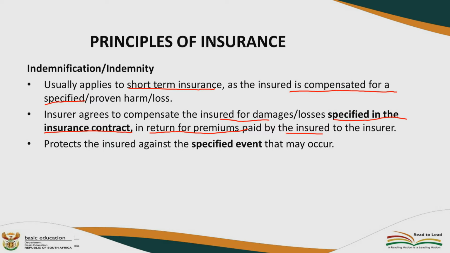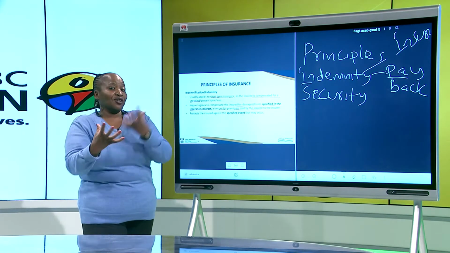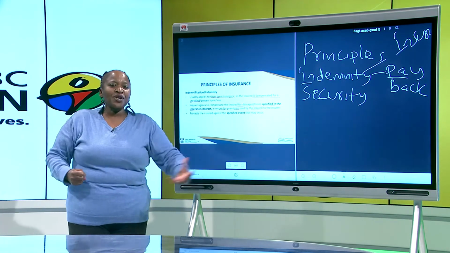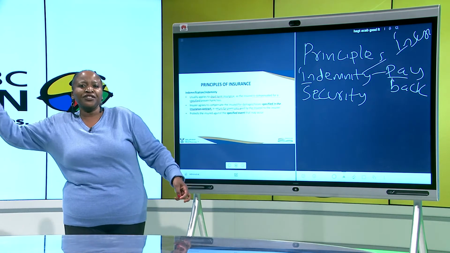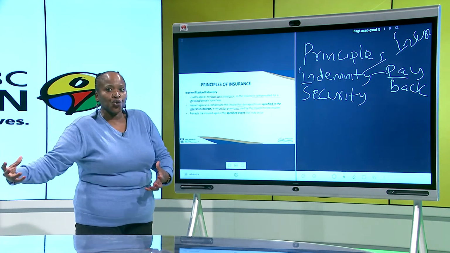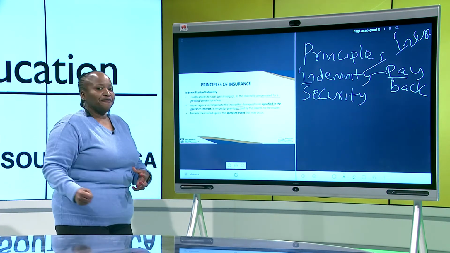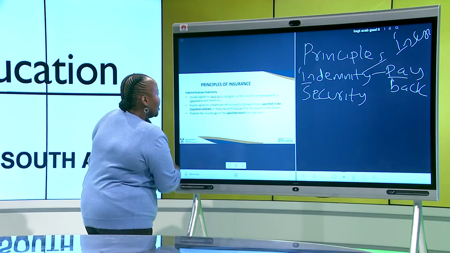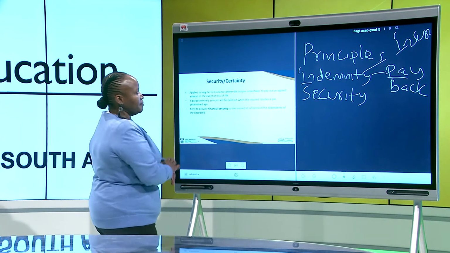If you understood the definition of insurance, it's easy for you to understand the principle of indemnity, because it's based on the contract between the insurer and the insured, where the insurer will indemnify the insured and the insured will pay the premium, but on the happening of a specified event. It's taking us back to the definition of insurance. And also it protects the insured against a specified event that may occur.